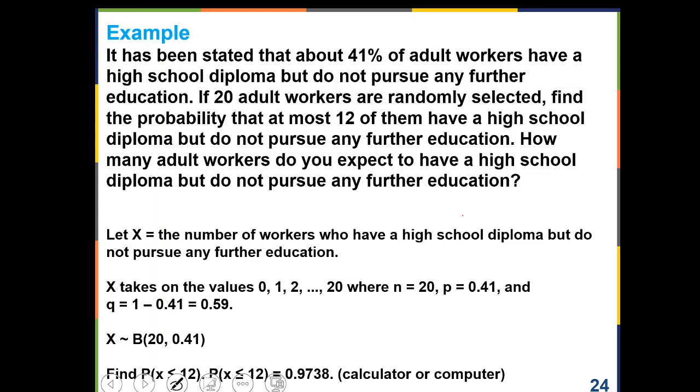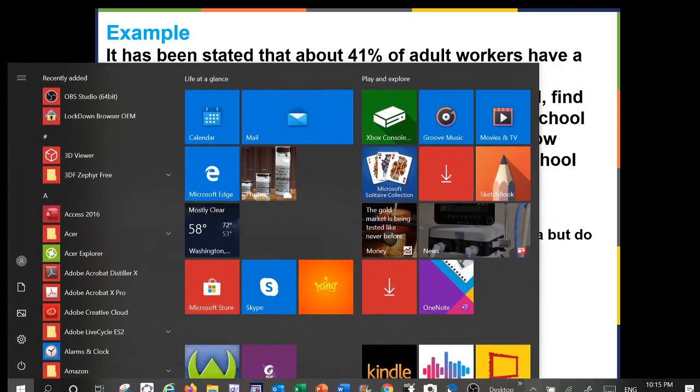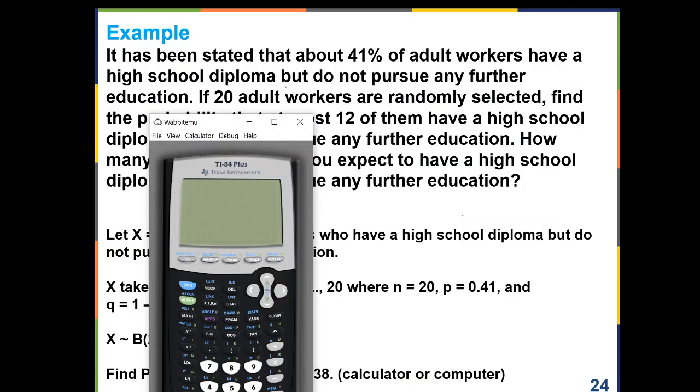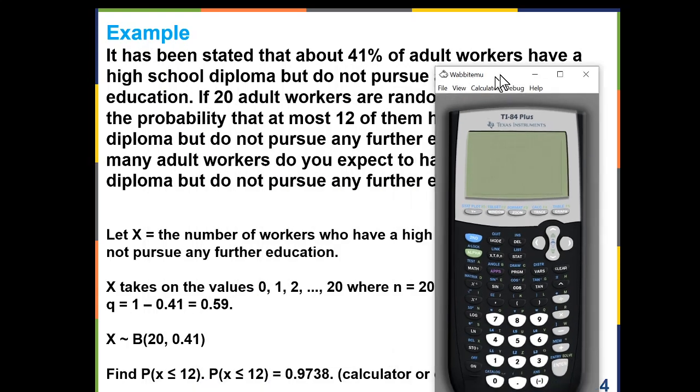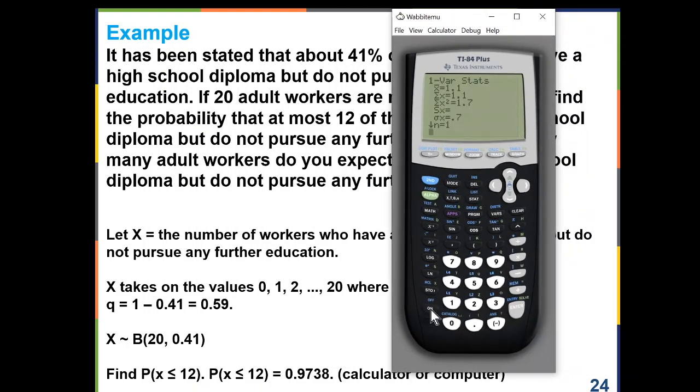So for example, in this problem, we want to find the probability that X is less than or equal to 12. We are going to use a calculator. So I'm going to go to second distribution here, and then go find binomial CDF. See, right there. CDF, not PDF, because it says less than or equal to. So I'm going to put N, which is what?